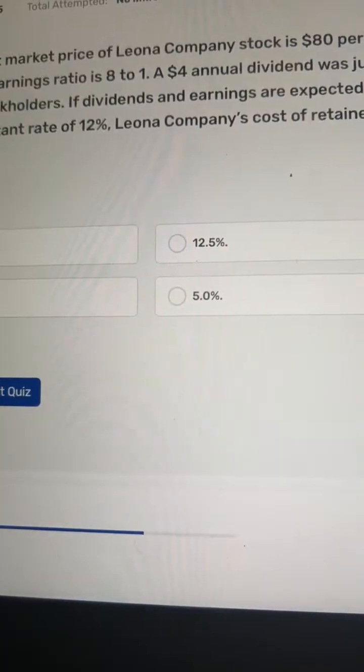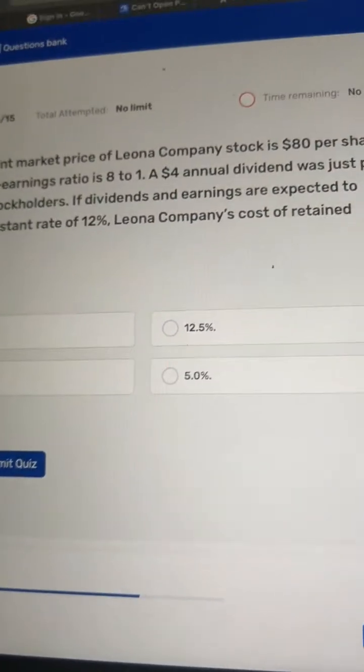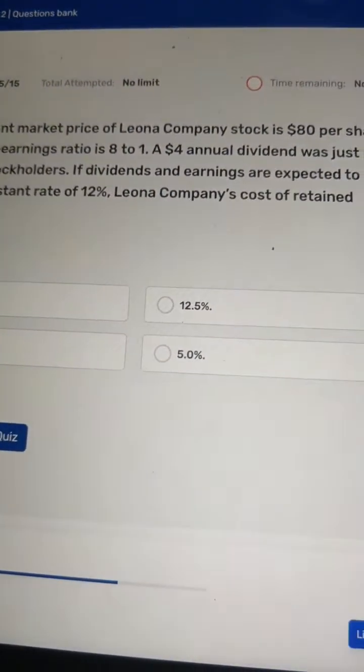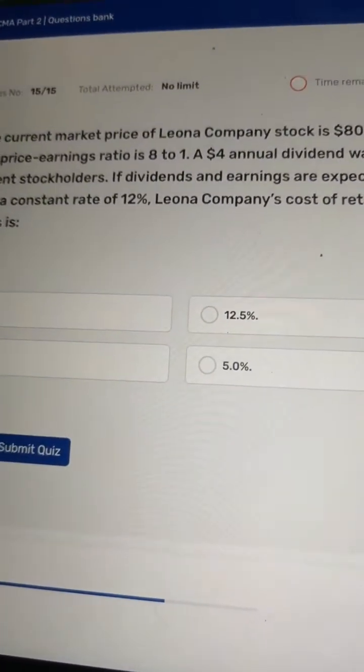This is a simple formula, and if we apply it exactly, what will be the solution?